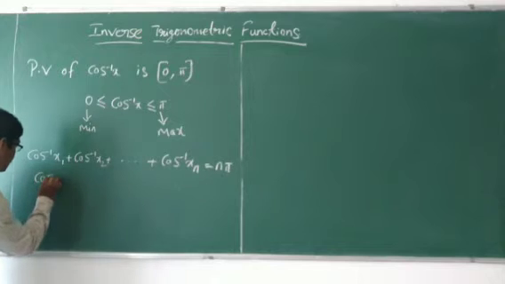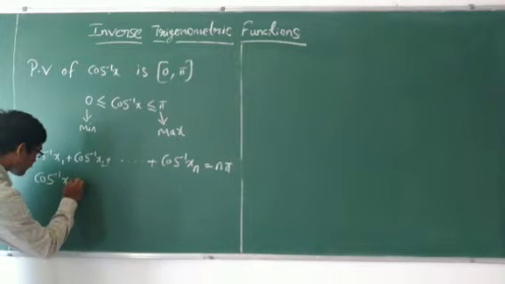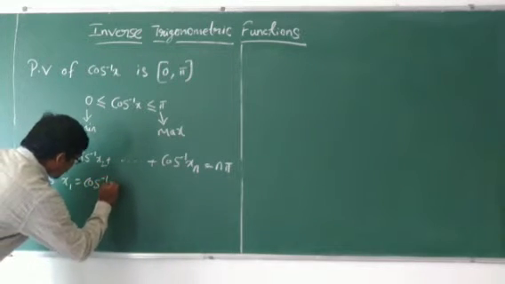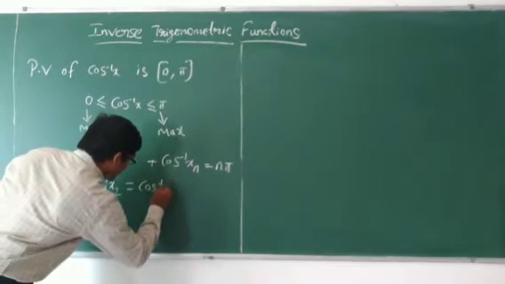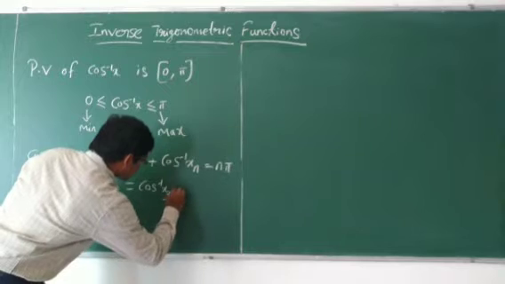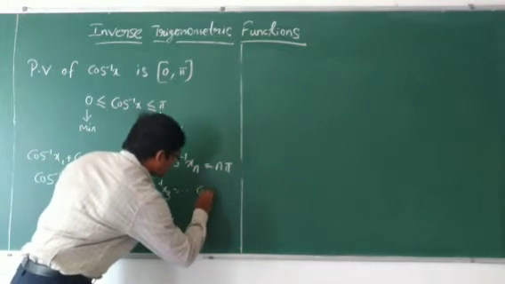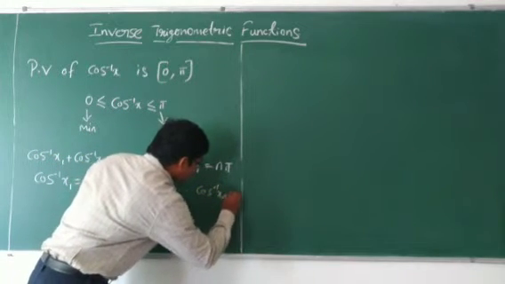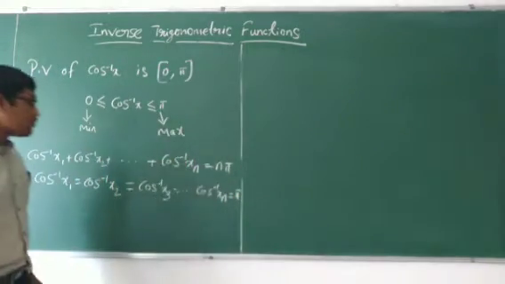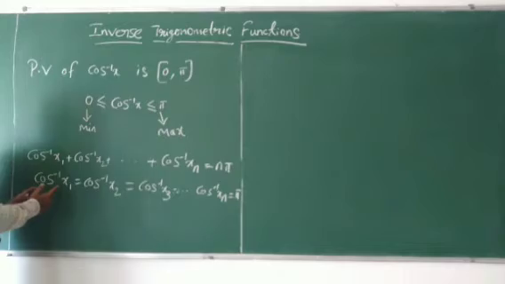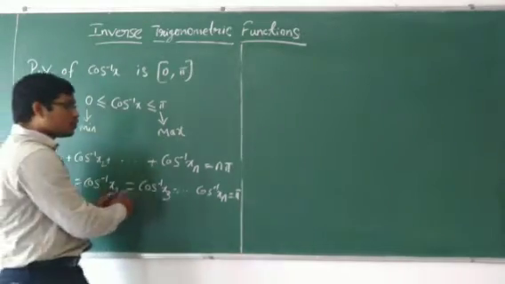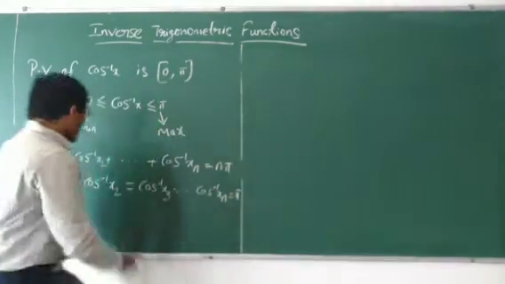So each of these terms is equal to pi. Cos inverse xn is equal to pi. So each value is equal to pi. For what condition of x1, x2 do we get the value pi?